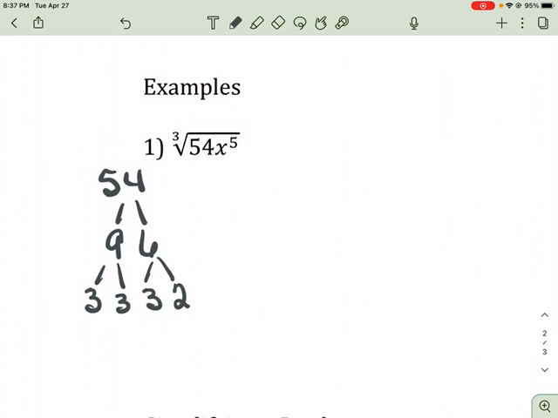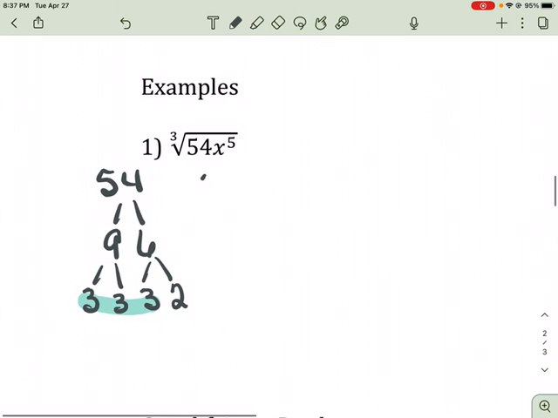So 9 goes to 3 and 3, and 6 goes to 3 and 2. Now remember, I'm looking for a cube root, so I need a group of 3 that's exactly the same. So we have a group of 3 3s. When I multiply them together, I get 27, so I'm going to write cube root of 27.